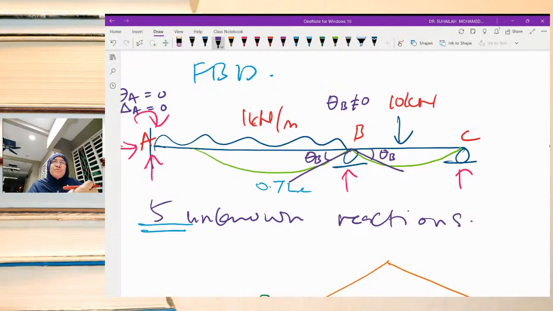Anyway, for the vertical component, delta B, because of the support there is no movement, so delta B is equal to 0.